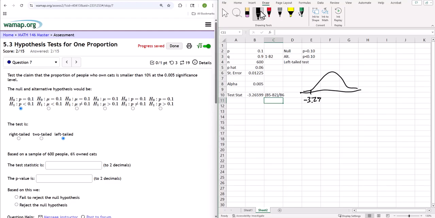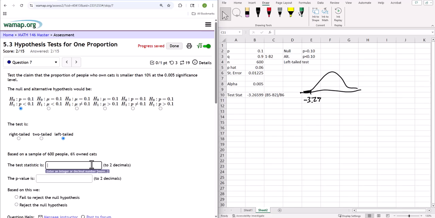Because this is left-tailed, my p-value is going to be this area to the left here.